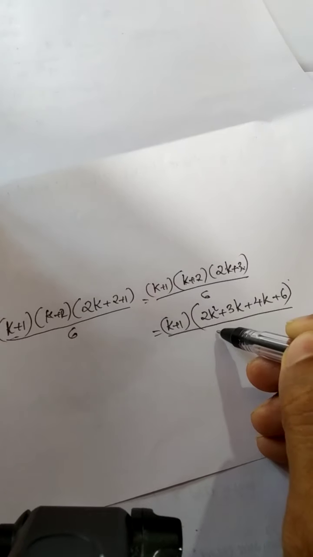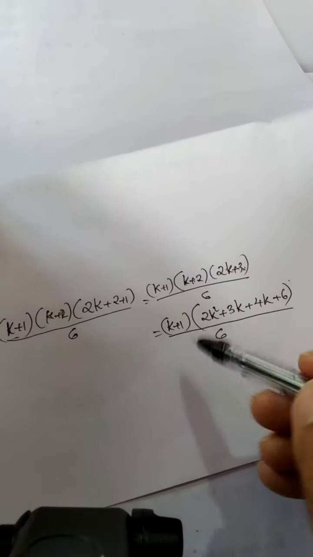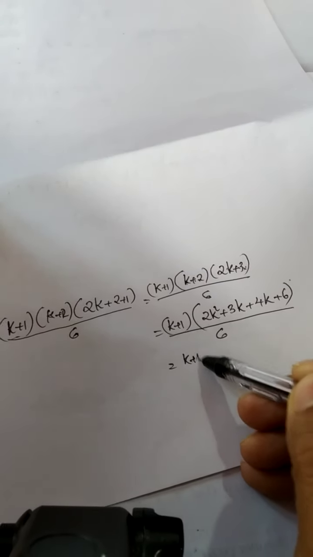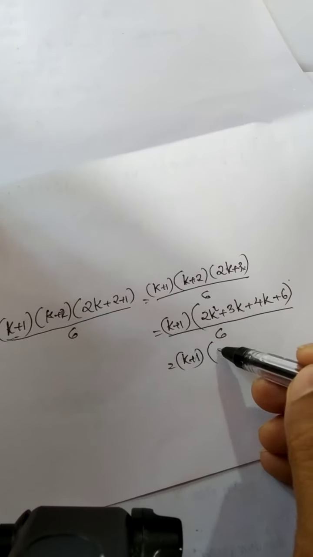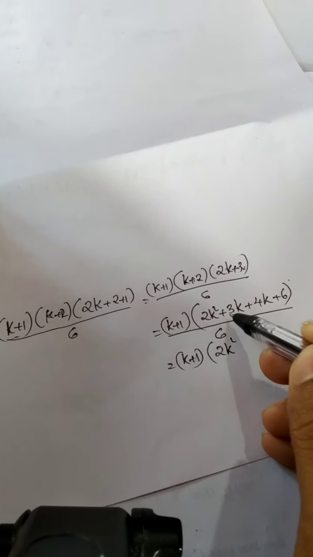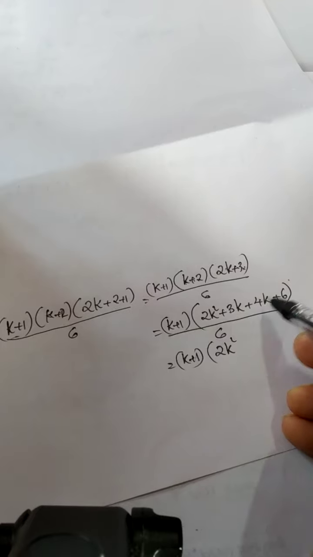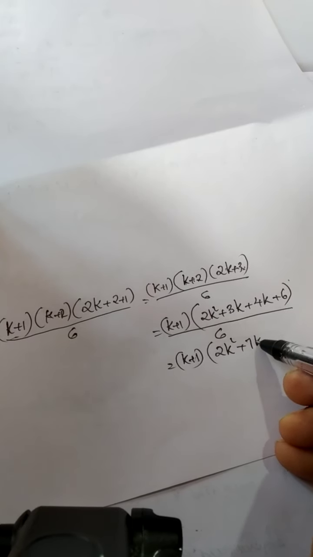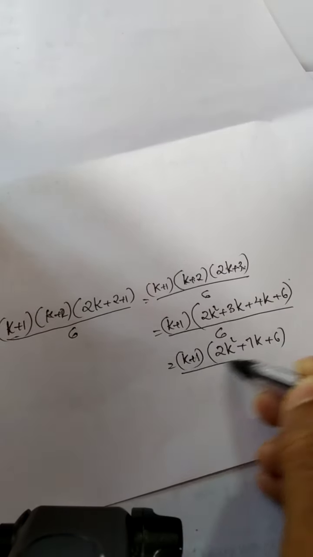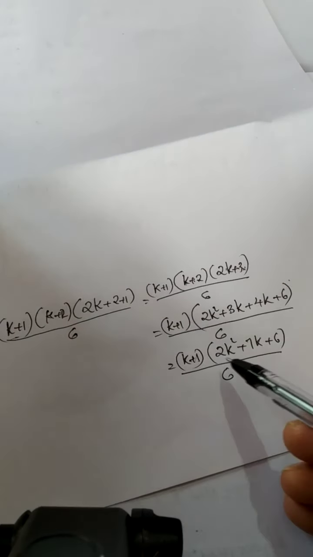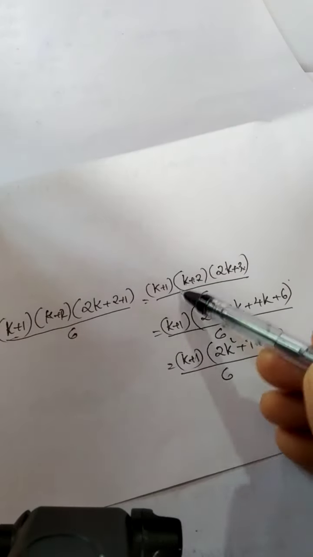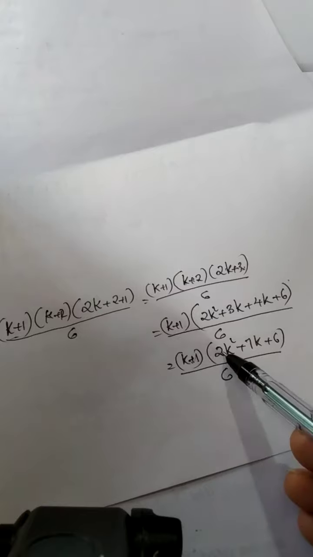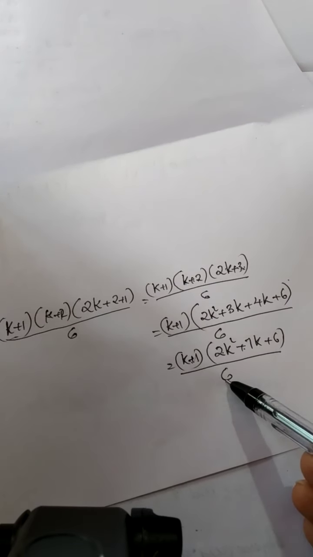Whole divided by 6. So what is this one? k plus 1 into 2k squared plus 3k plus 4k, which is 7k, plus 6, divided by 6. So what we want to get is (k plus 1)(2k squared plus 7k plus 6) by 6.